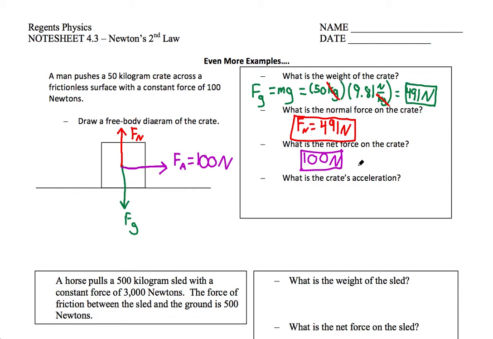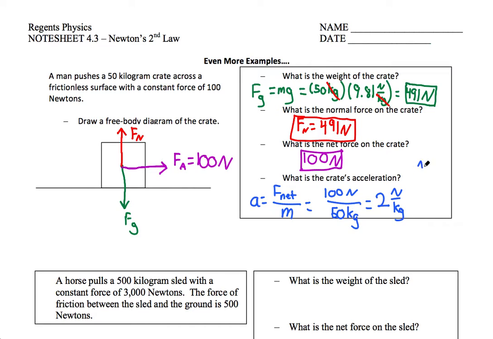So now we want to ask what the crate's acceleration is. This is a direct application of our second law. Acceleration is F net over the mass of the object. The acceleration is the force applied to the object divided by the object's mass. So our F net, from the last piece up here, is the 100 newtons divided by the 50 kilogram mass that the crate has, and that gives us 2 newtons per kilogram.